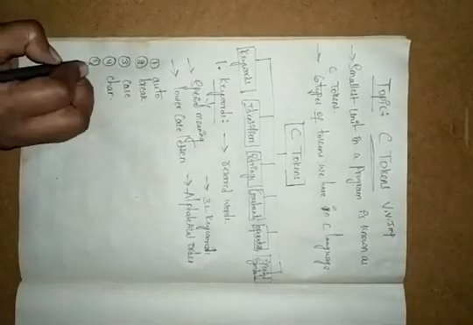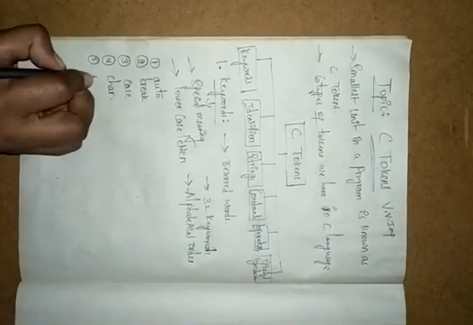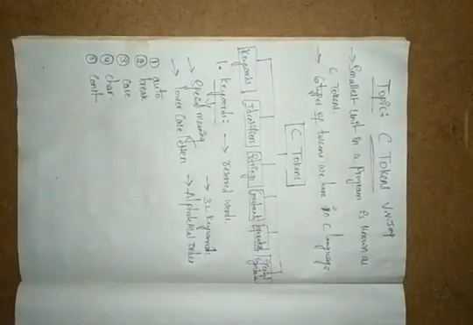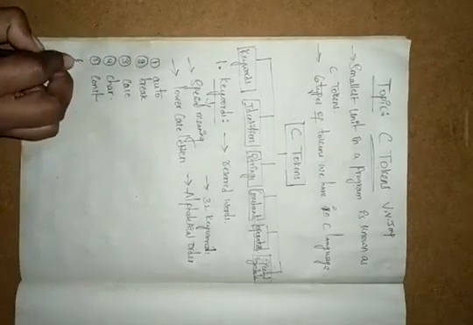And next we have the fifth one, const. Const means constant. It makes the variable value remain unchanged, in a constant manner.